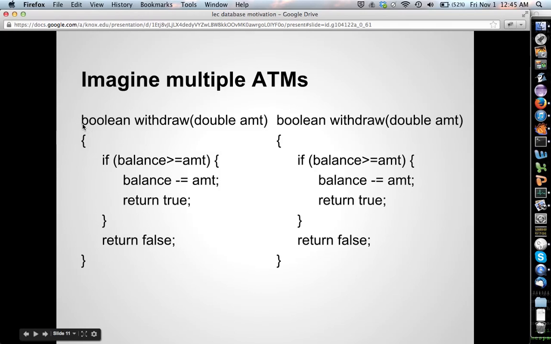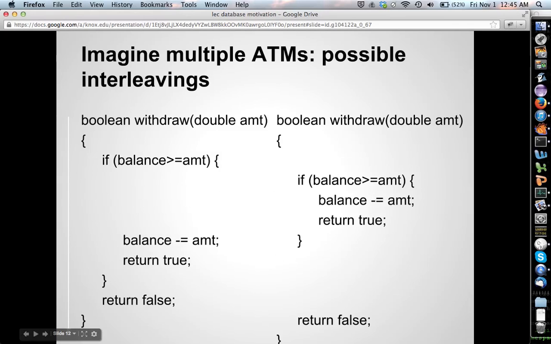Well, if we think about it, there's two withdrawals happening, which means that this withdrawal method is being called twice. Now, we're going to add over here this little arrow. This is basically the timeline. And so you can imagine it's not the case that these things are literally happening at the same time.